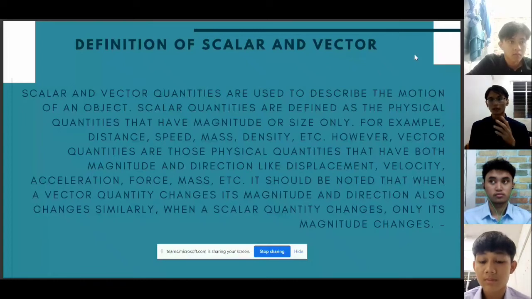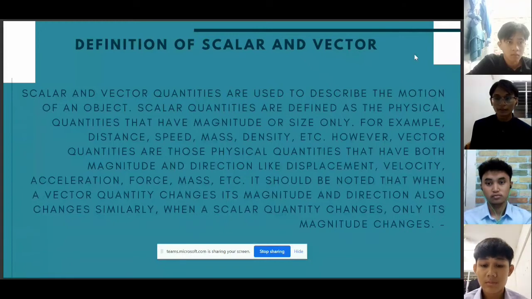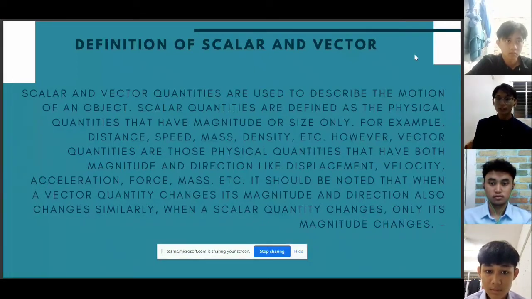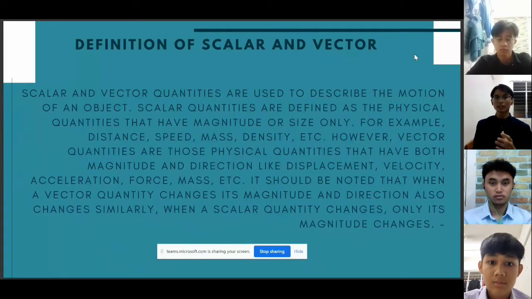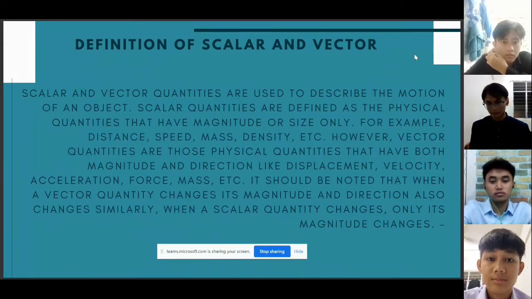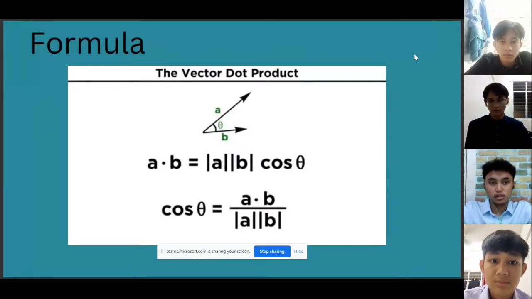However, vector quantities are physical quantities that have both magnitude and direction, like displacement, velocity, acceleration, force, and others. It should be noted that when a vector quantity changes, its magnitude and direction also change, whereas when a scalar quantity changes, only its magnitude changes. So let's move to the next slide.